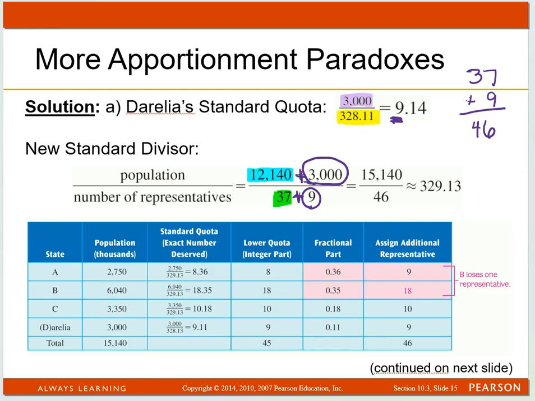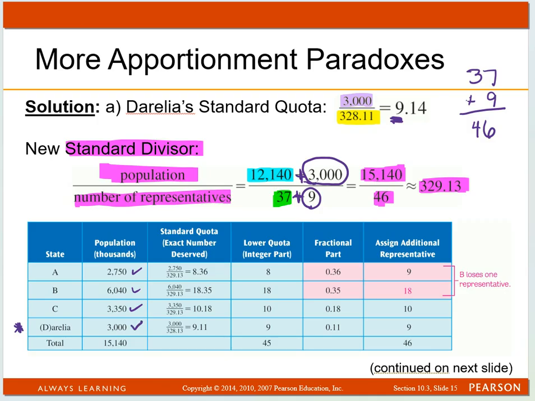So now you have a new total population, and the new number of representatives is 46, which means when you divide it, you have a new standard divisor. So once again, it's the same table, but they have added a new row down here, and you've still got 2750, 6040, 3350, but now you've got the 3000 in there.